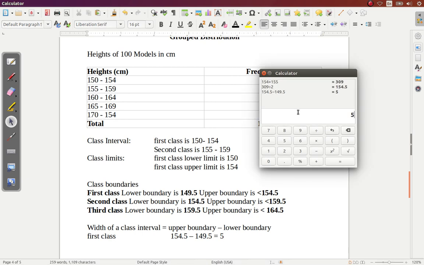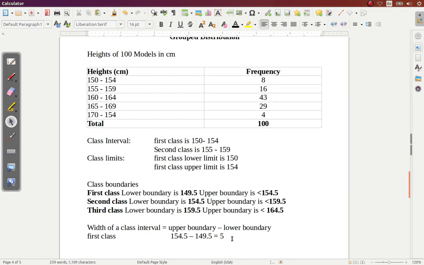Now, notice, if you just subtract the limits, 154 minus 150, you would not get the 5, you would get 4, which is incorrect. So it must be the boundaries that you subtract. Alright, so these are the boundaries and the intervals.